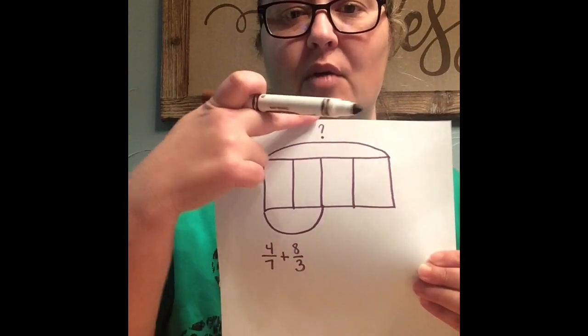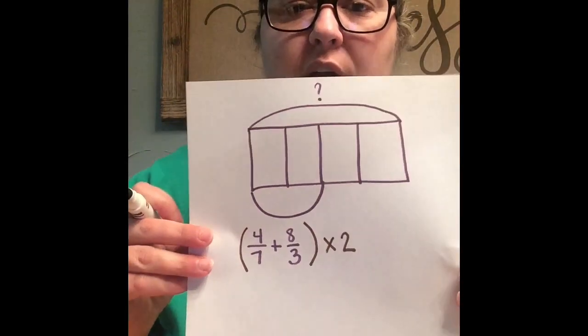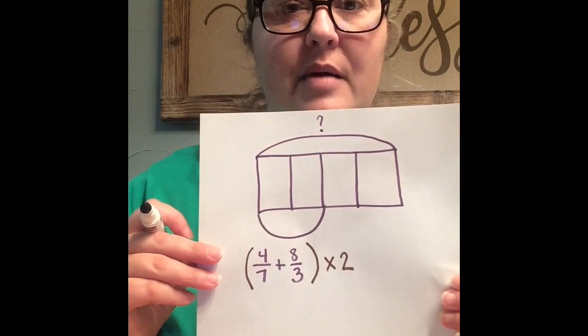Once we do that, that would give us our total here. So if we wanted to rewrite this, we could simply put the 2 fractions that we're going to add together and then multiply it by 2.